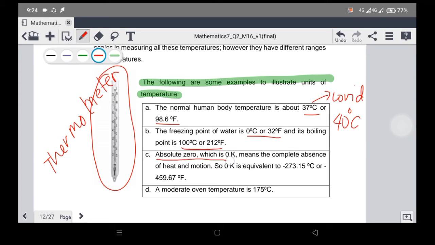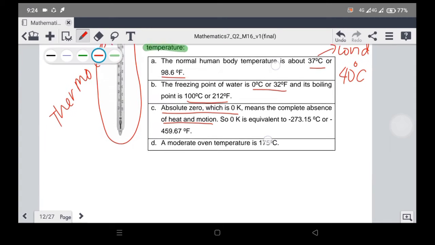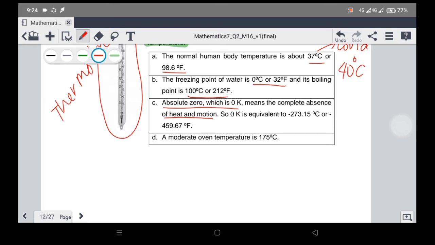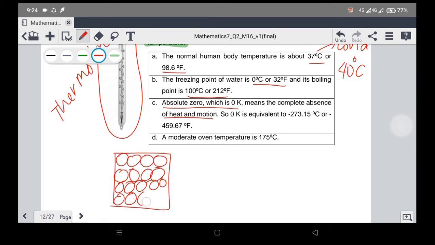Absolute zero, which is 0 Kelvin, means the complete absence of heat and motion. In science, a solid has very compact molecules. Those molecules are vibrating. They move, but there are so many of them in a solid that they can't really move freely.